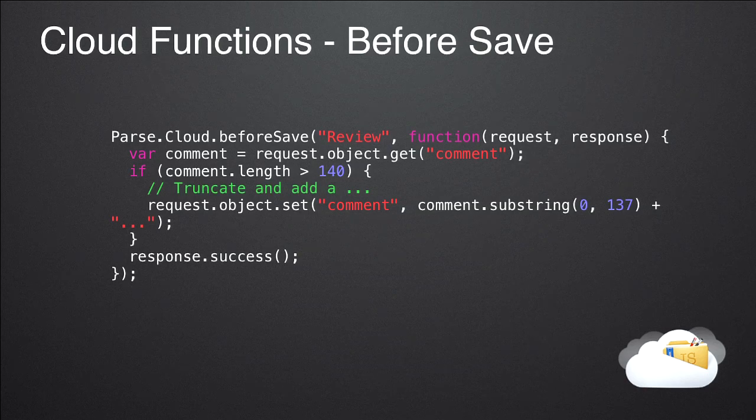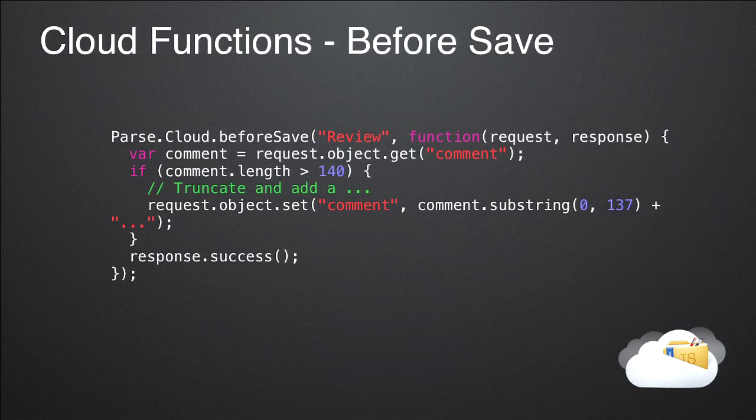And you're checking here, is the comment greater than 140? This is the use case where you want to limit what data you save. If it is greater than 140, you truncate it, perhaps because you're displaying it in your UI and only want to see a certain length. Then you respond with response.success.